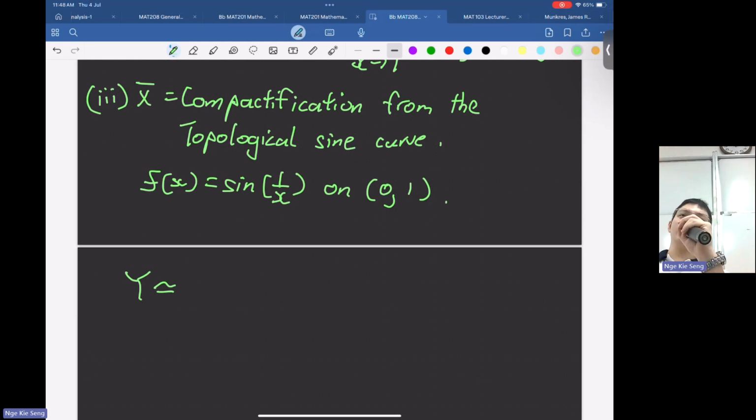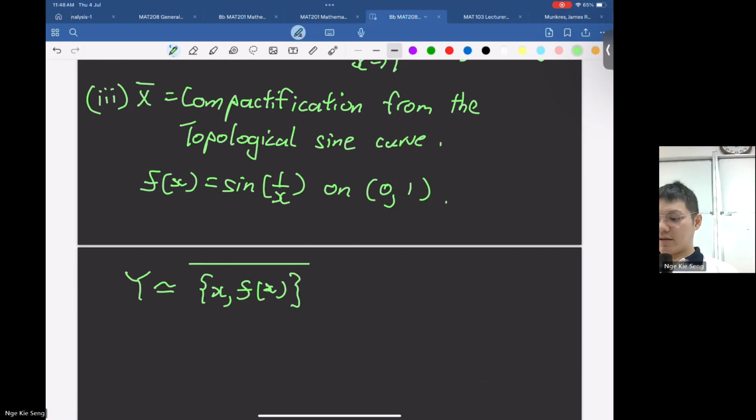That's the problem we met in MA1. But in topology, we look at the graph, put the interval in. So actually we look at (x, fx), and then we take the closure. Okay, and then what do we do?